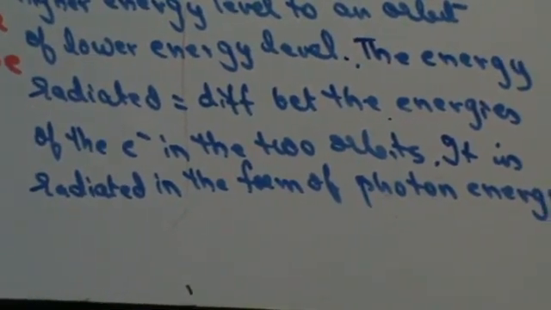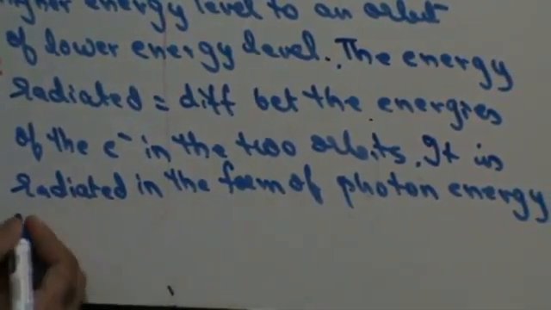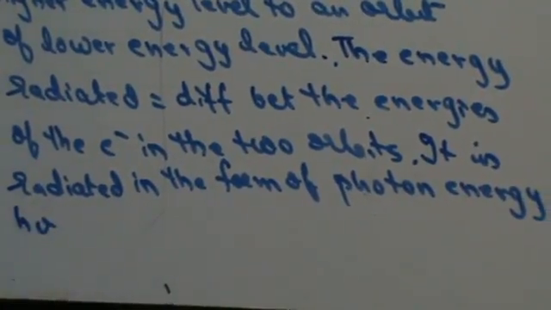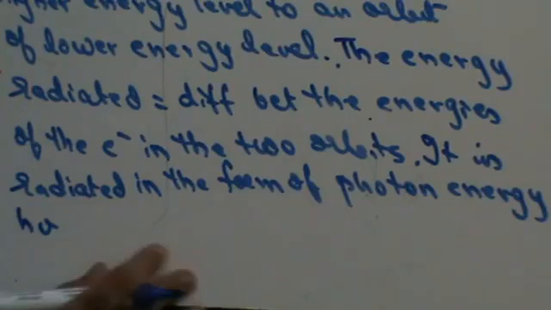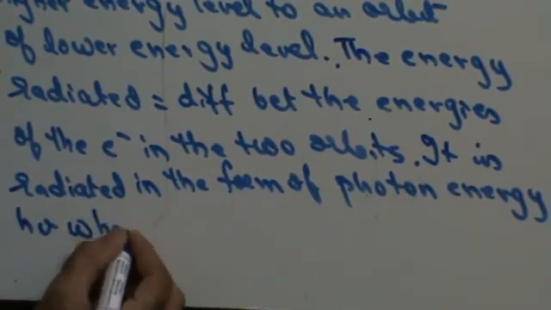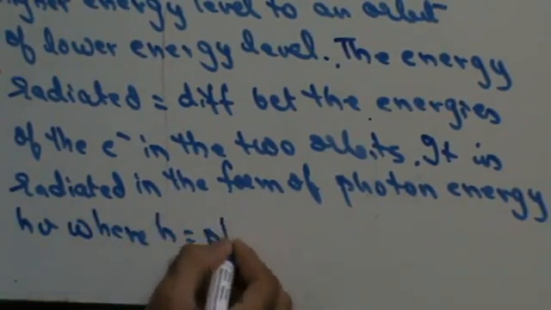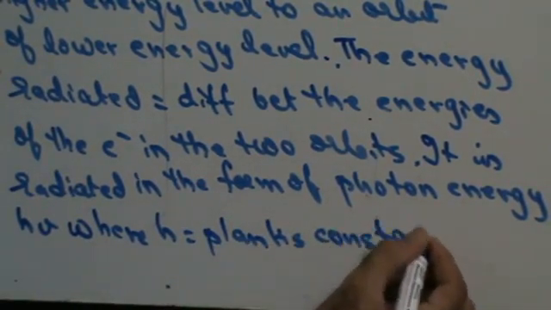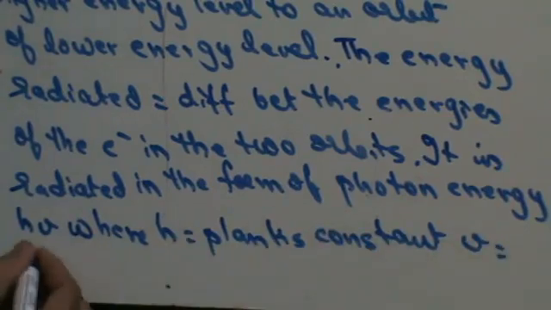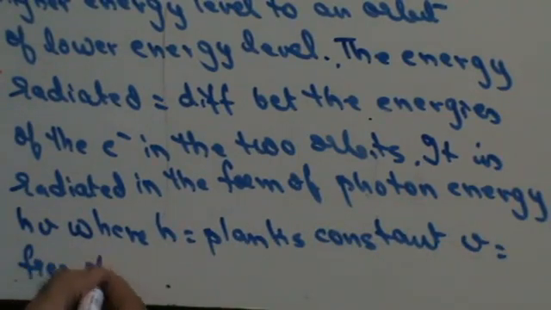The energy is radiated in the form of photon energy hv, right? Where h is Planck's constant and v is the frequency of radiation.